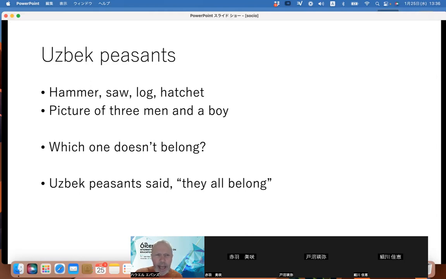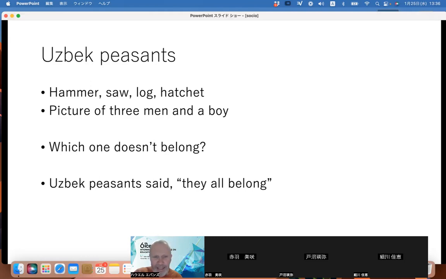This is the game: hammer, saw, log, hatchet, which one doesn't belong, and the peasants say they all belong. How do you feel about that?